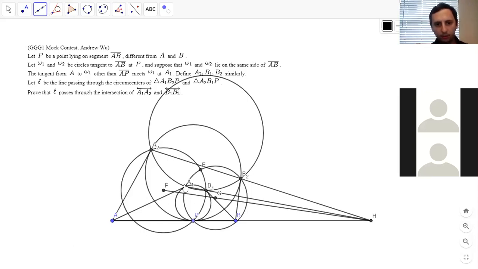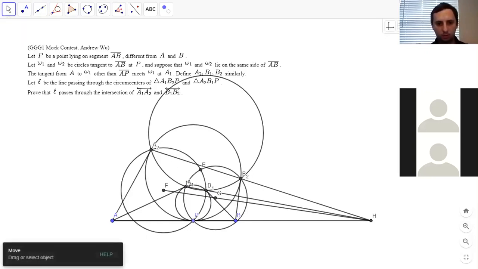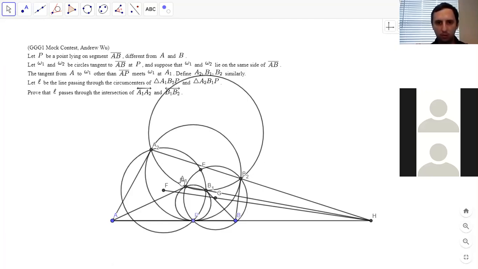Basically we could draw the intersection of A1A2 and B1B2, and we want to show that the line FGH is the polar of that point, right? An inversion at H takes A2, B1, P. Could be.